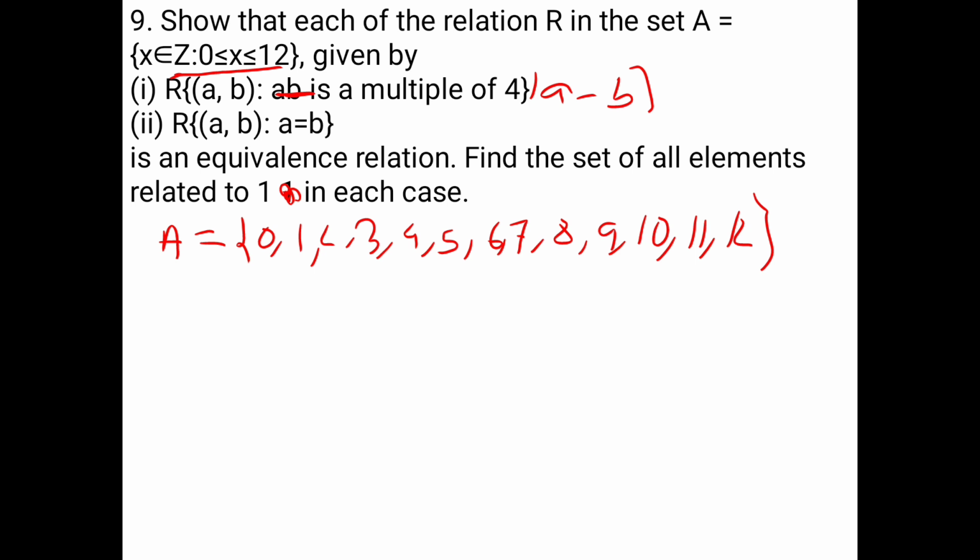This is the relation. Any pair is related if the difference is a multiple of 4, that is, 4 divides it. So the difference between A and B is a multiple of 4.